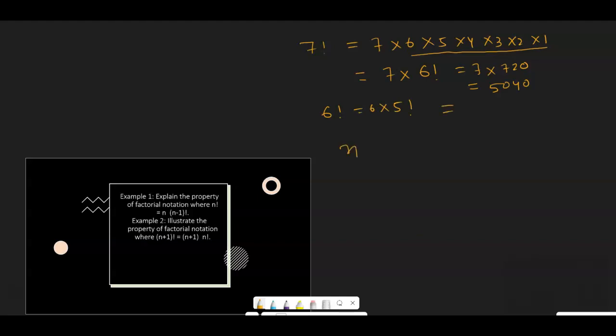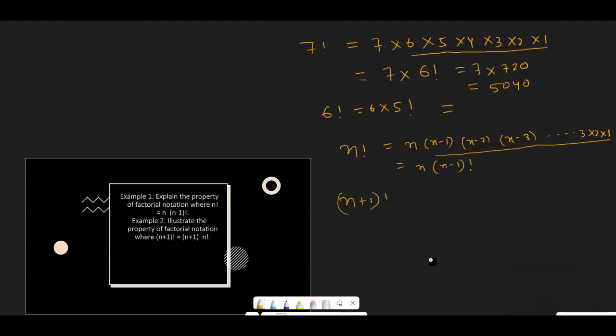So what about factorial n? It is the product of the first n natural numbers: n, n minus 1, n minus 2, n minus 3, down to 3, 2, 1. If you do not want to continue with n minus 1, n minus 2 up to 1, you can stop your calculation here. This is going to be n into factorial n minus 1. What about n plus 1 factorial?